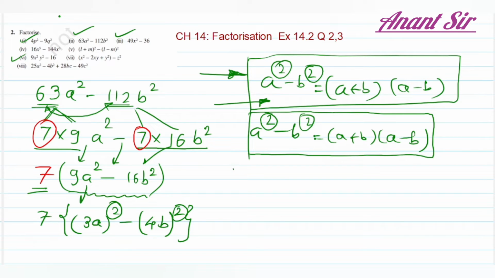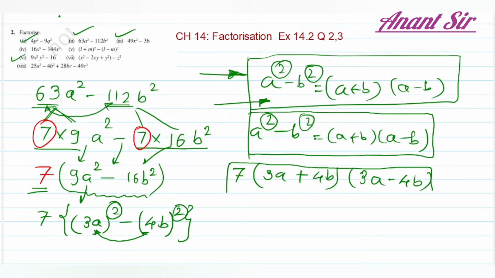So I will keep that 7 as it is. Now whose squares are here? 3a square and 4b square. So I am going to write 3a and 4b with a plus sign in one bracket and a minus sign in another bracket. So this is the final answer for this question. What was different in this question?